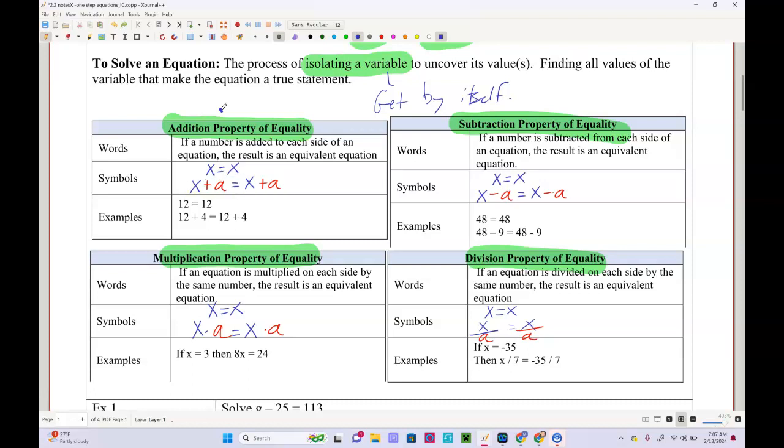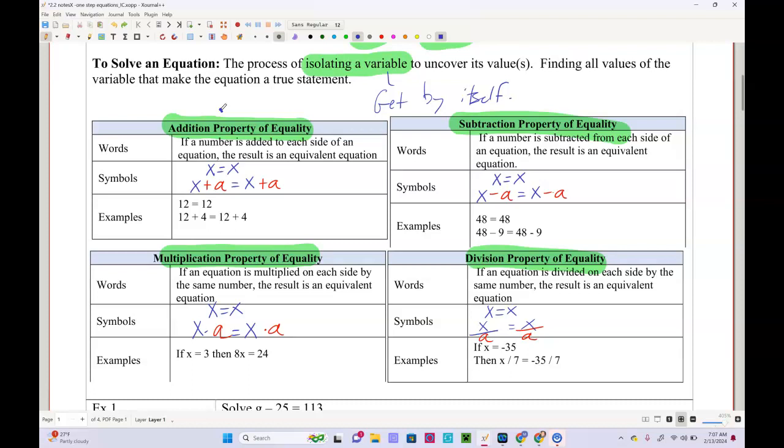With this analogy, you can think about a scale or a seesaw, right? If you have a seesaw or a scale with a left and right side, and you put two 10-pound weights on the left and right, that scale would be perfectly balanced. And that's what an equation represents. It represents the same thing on the left and the right. You have a balanced scale.